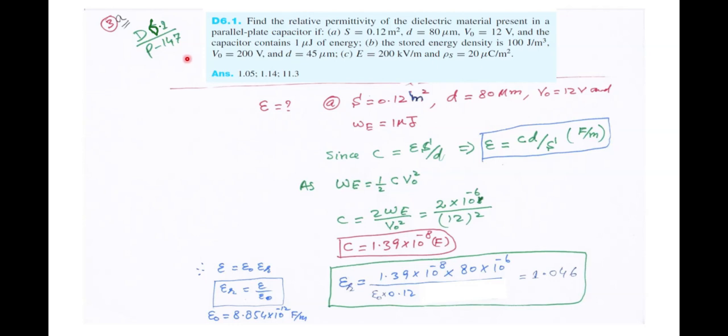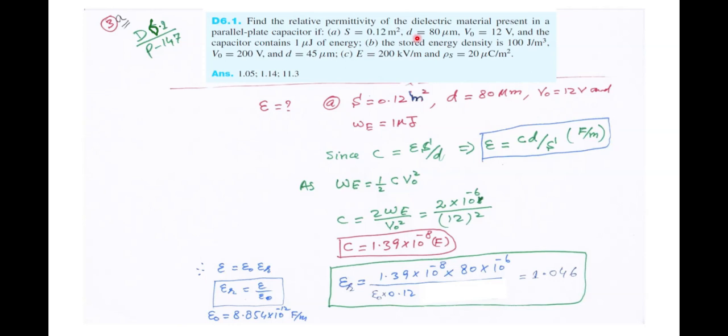Now let us solve a drill problem, that is D6.1 on page 147. In this question, we are asked to find the relative permittivity of the dielectric material present in a parallel plate capacitor. In part A, we are given the surface area of the conductor, which is 0.12 square meter.